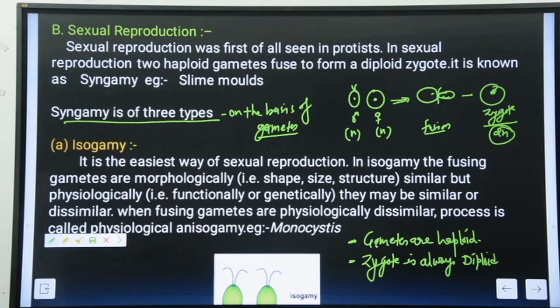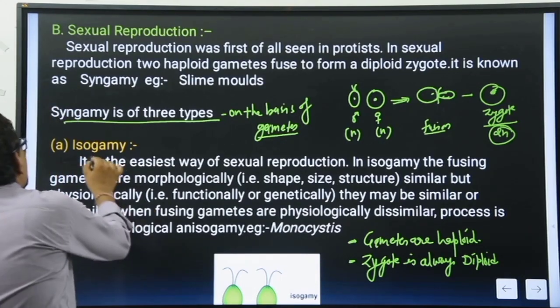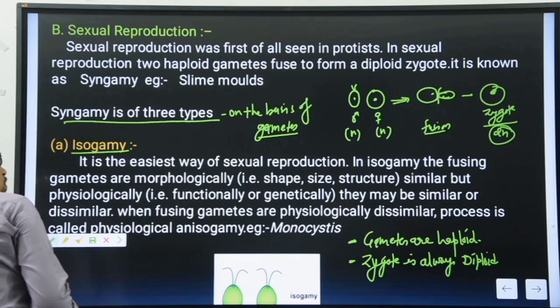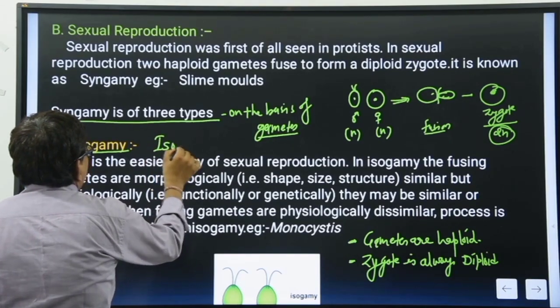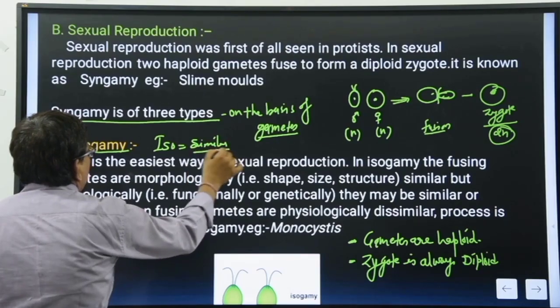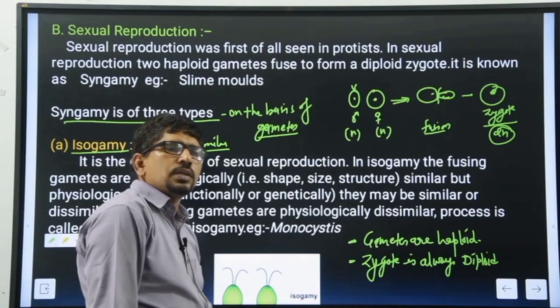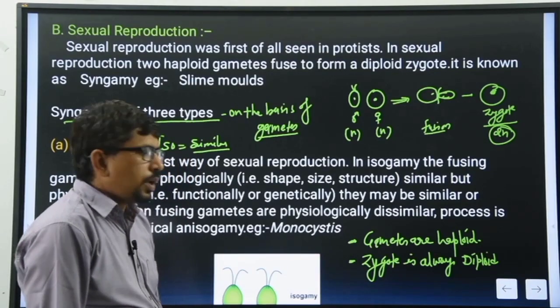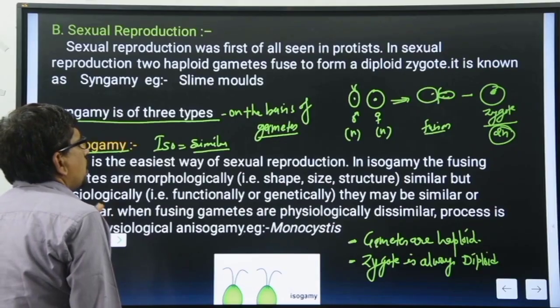Which ones, beta? If we talk about which type, first we talk about isogamy. Very simply, iso means identical or similar. When both the gametes are identical to each other, that is known as the isogamy. Both are similar, that is known as the isogamy.